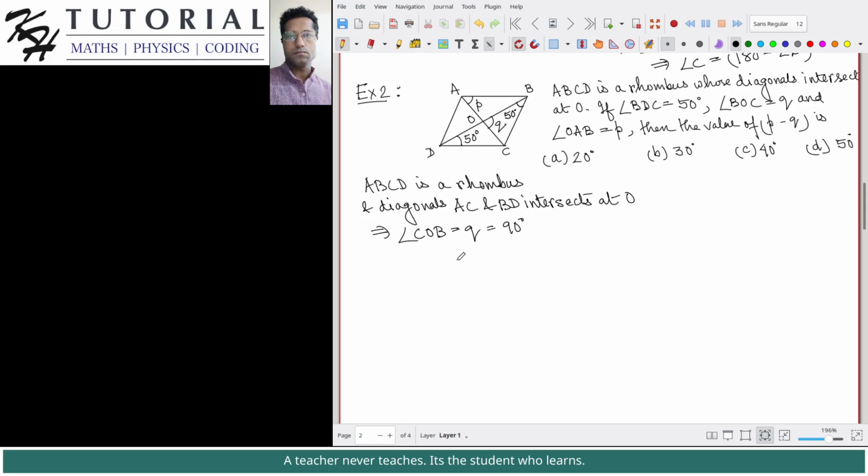So we have Q is 90 degrees. We also know that AB, this is 50, Q minus P.